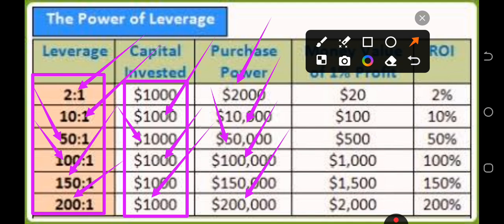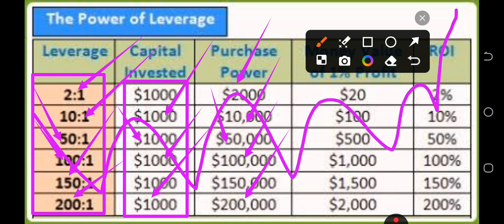If you open a mini lot, which is supposed to be giving you $1 for each pip, if the market is going against you, you will be losing $1 for each pip. If the market goes in your favor, you will be making $1 for each pip. That is why the market is constantly fluctuating. It goes up, goes down, goes up, goes down, like that.